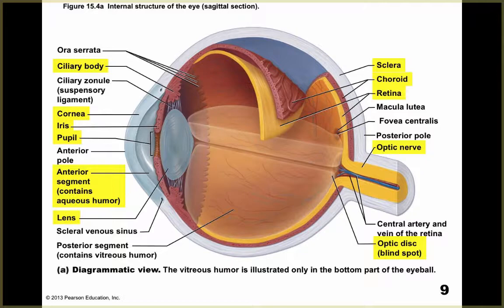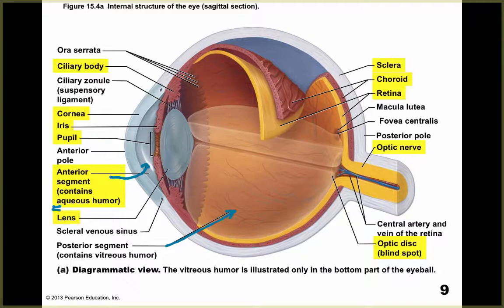As you can see up here, the anterior segment contains the aqueous humor. Think anterior for A, and then towards the end of the alphabet is V, or towards the back is the vitreous humor. The vitreous humor is basically there to help maintain the shape of the eye.